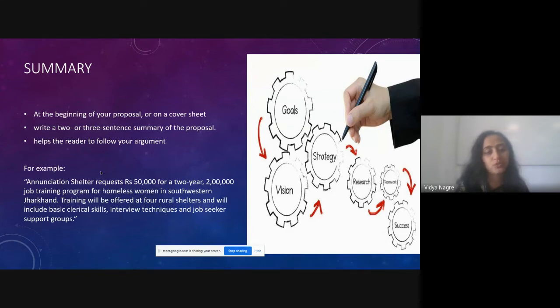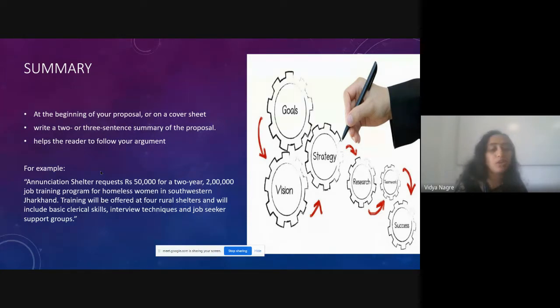Untitled Shelter requests 50,000 for a 2-year job training program for homeless women in southwestern Jharkhand. Training will be offered at 4 rural shelters and will include basic clerical skills, interview techniques, and job seeker support groups.